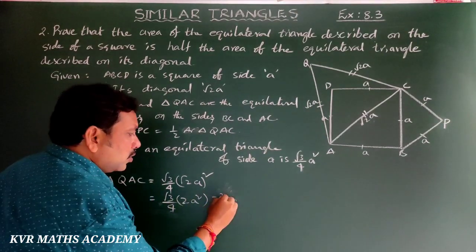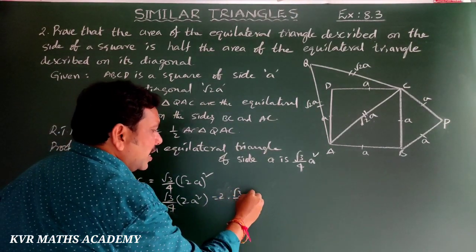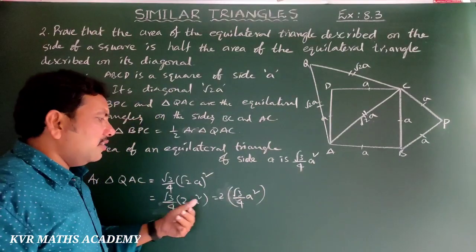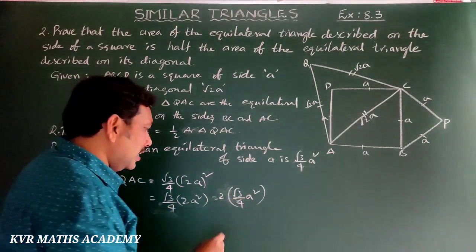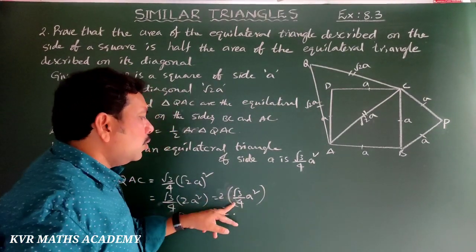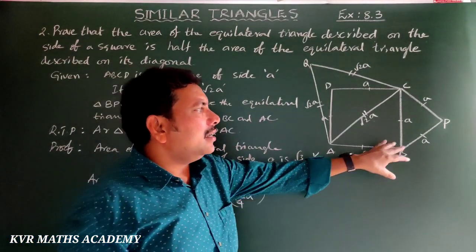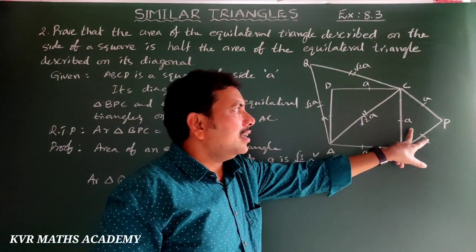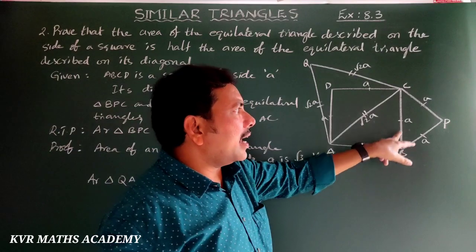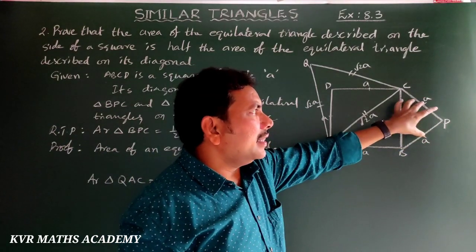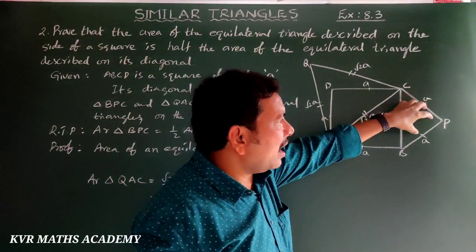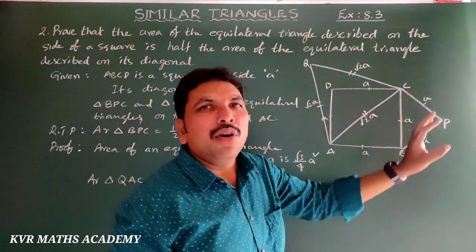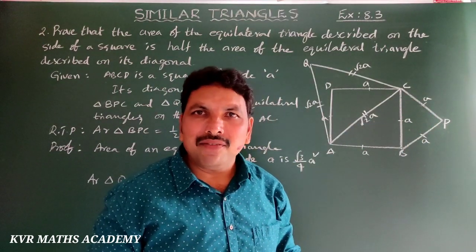First write down 2 into root 3 by 4 a square. Shall we write like this or not? Yes, exactly. So that is equal to 2 into root 3 by 4 a square. In this equilateral triangle BPC, the side is a, then the area of this equilateral triangle is root 3 by 4 a square, isn't it?